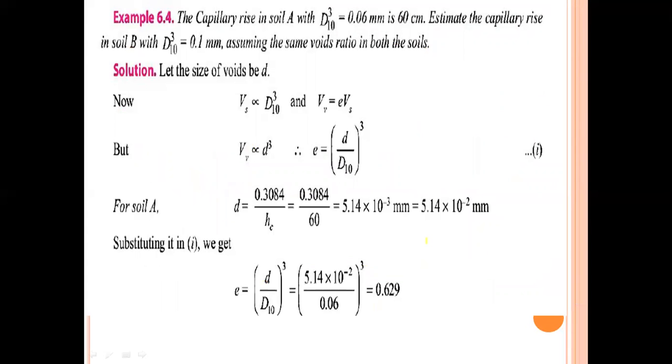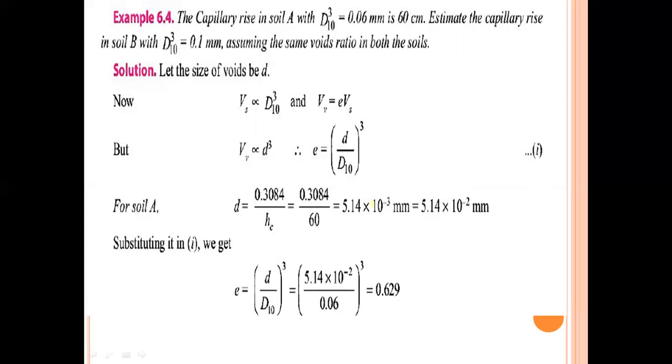Next, write another problem. The capillary rise in soil A with D10 equal to 0.06 mm is 60 centimeters.